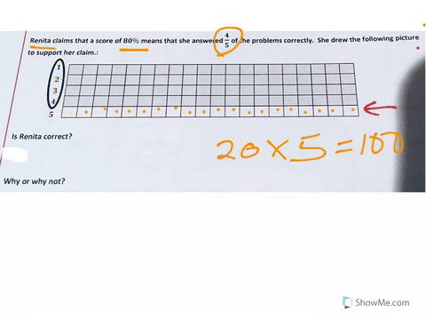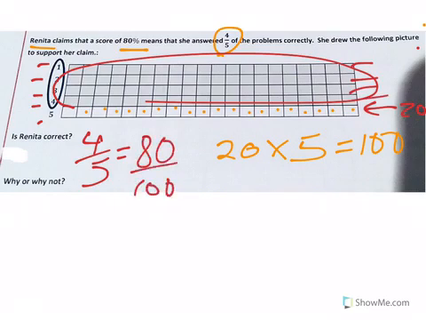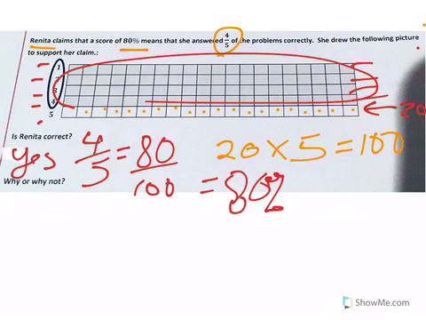If each row is 20, she filled in 1, 2, 3, 4 of the rows out of 5, so she filled in 4/5 of the rows, and we know that we have 20, 40, 60, 80. That equals 80 out of 100. That does indeed equal 80%. So is she correct? Yes, she is.